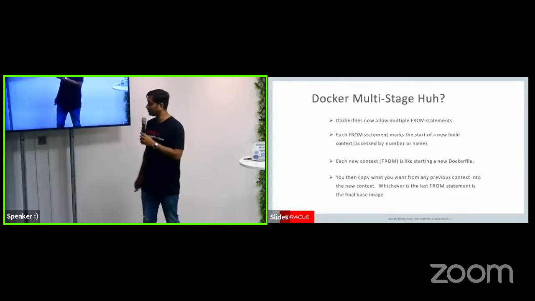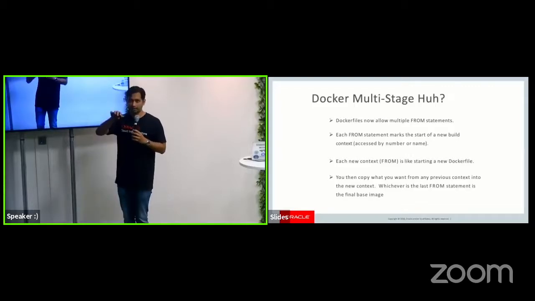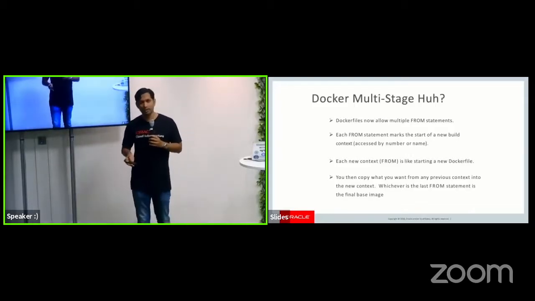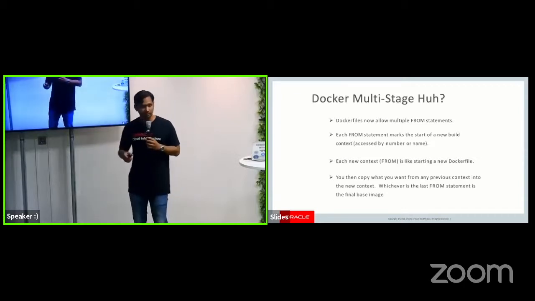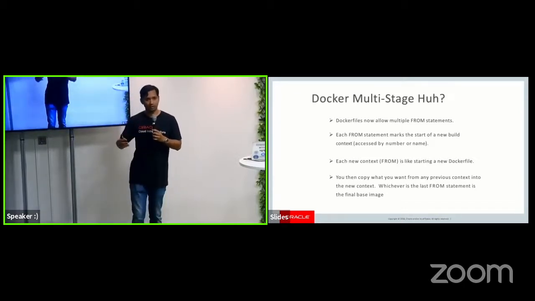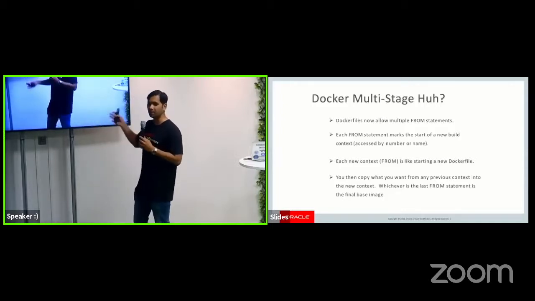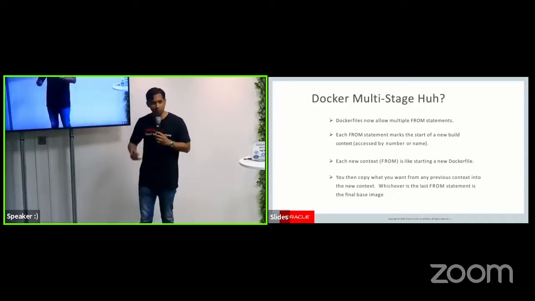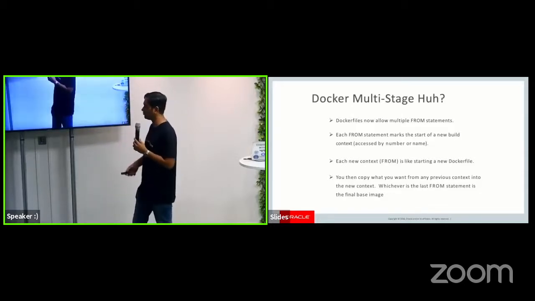Since then, we are using multi-stage build. Before that, around the same time, we were using the builder pattern to create smaller Docker containers. But it was a really, really hard process to go through, and that's why Docker came up with the multi-stage build.